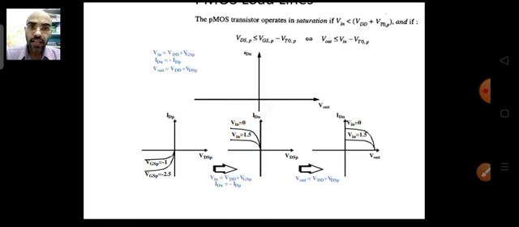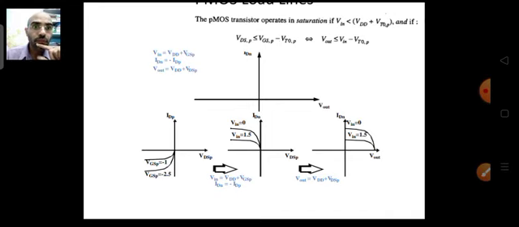Now we want to transfer the characteristics from the third quadrant to the second quadrant. So what we have to do is substitute various values in these equations. Let's say, take the leftmost diagram, and substitute VGSP equal to minus 2.5 in this particular equation.